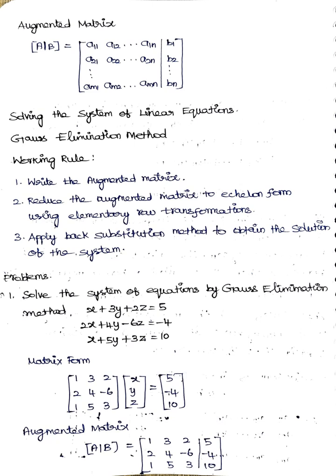Now, for example, we have a problem. Solve the system of equations by the Gauss elimination method. We have three equations: x plus 3y plus 2z is equal to 5, 2x plus 4y minus 6z is equal to minus 4, x plus 5y plus 3z is equal to 10. We have to make it in matrix form, AX equal to B. Now we form the augmented matrix.